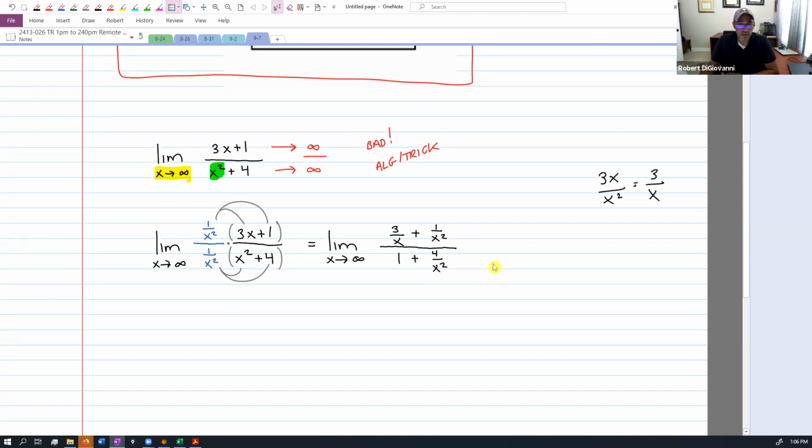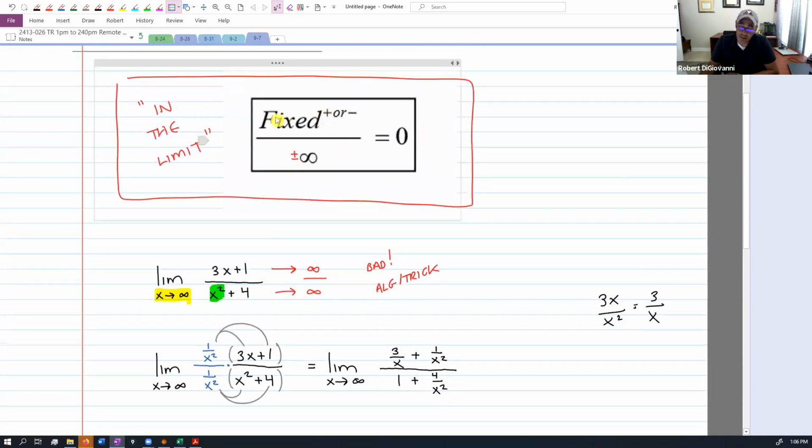Okay, now going back to what we talked about last time, this main idea coming in today: if we ever take a limit and we have a number on top that's fixed and the denominator becomes infinitely big, this will go to 0, won't it?